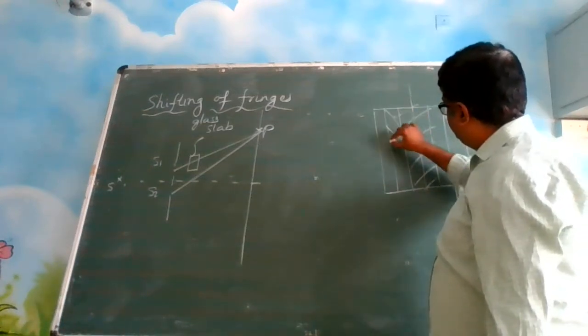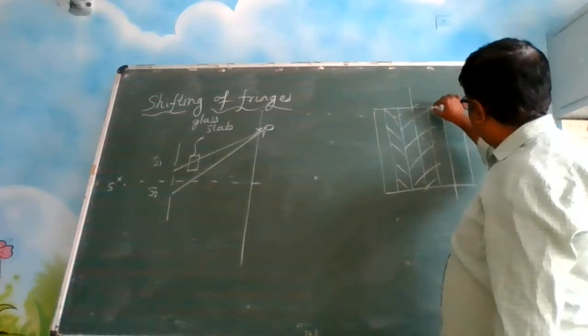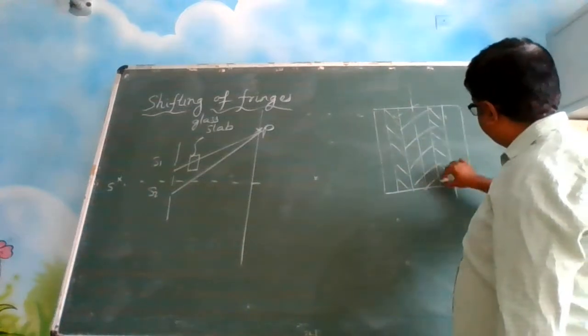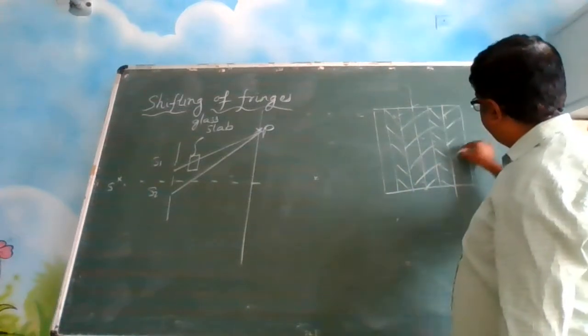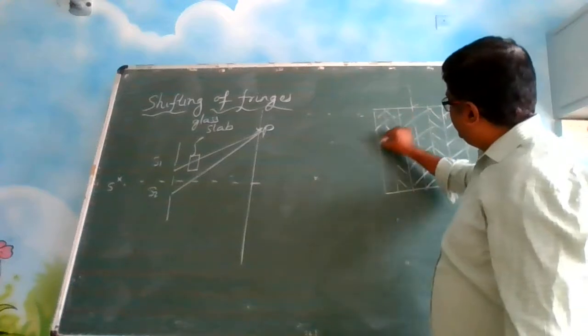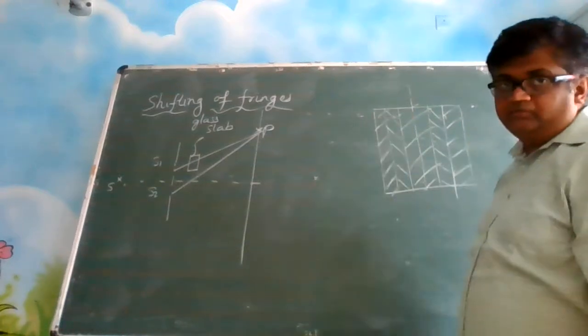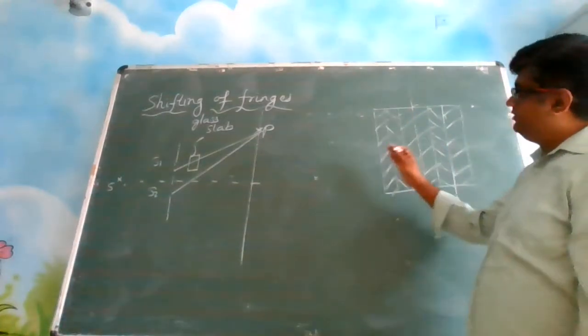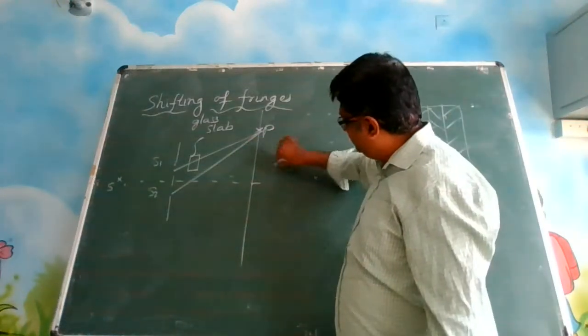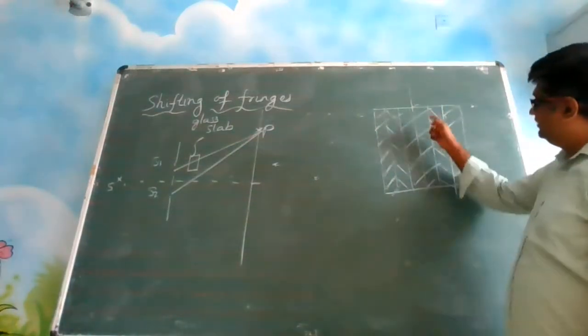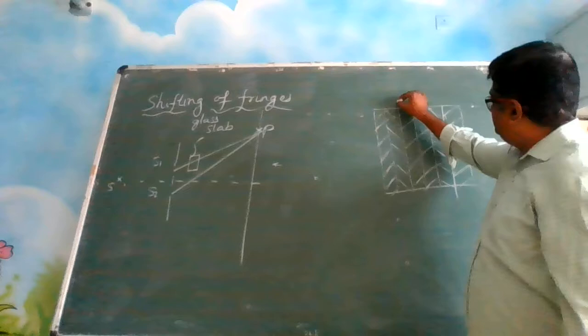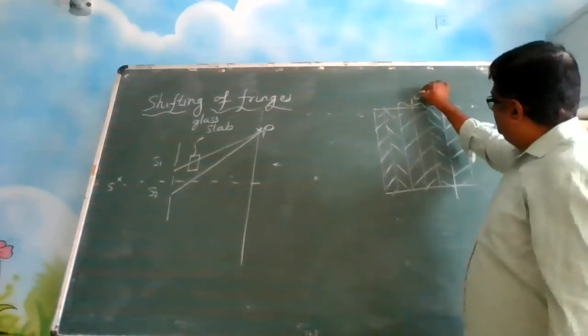So this is dark, and again this is bright. Similarly, you will get bright here. This is the screen. This screen I am seeing from this side. This is the central maximum.